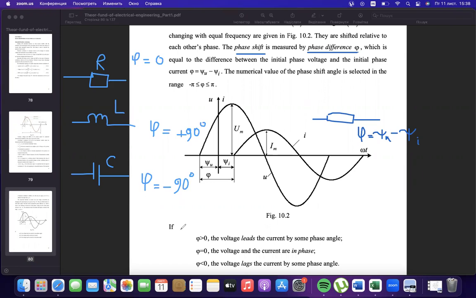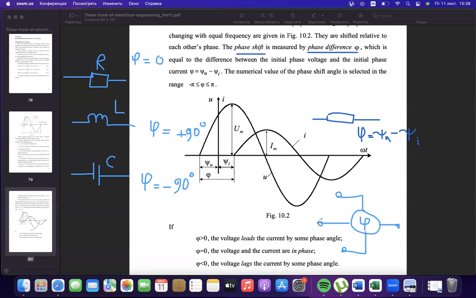And we have a special measurement device that is called a phase meter. This measurement device has two pairs of connections, one connection on voltage, one connection on current.